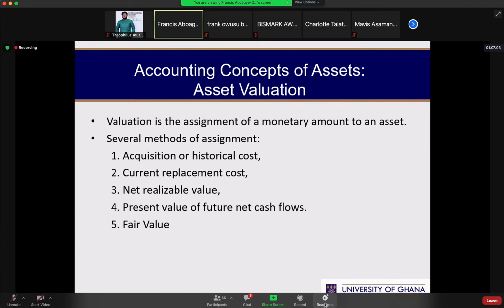So the 40,000 cedis represent the realizable value. But because we have to incur a cost of 500, we have to take the expenses of 500 from it, and it becomes 39,500. So the 39,500 represents the net realizable value.